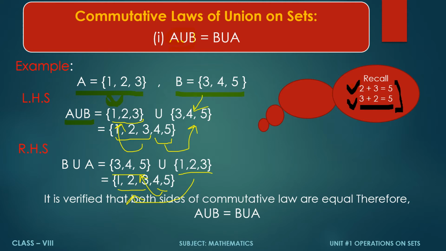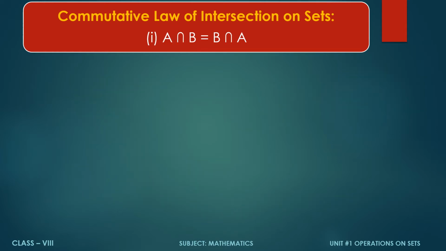The resultant set of the left hand side is equal to the resultant set of the right hand side. So both are equal. It is verified that both sides of the commutative law are equal. Therefore, A union B is equal to B union A.